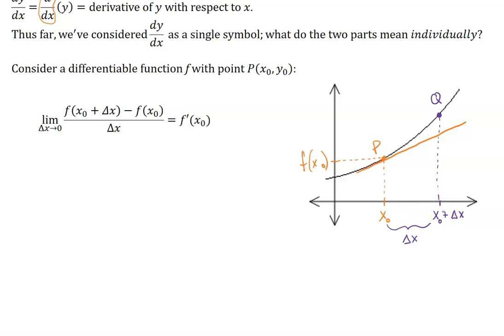Our goal with linear approximations, or using differentials to approximate, is that we are going to look at how we can estimate the height of point Q using the height at point P and the tangent line. Let's add a couple of things here. We know that the slope of the tangent line comes from the slope of a secant line, and we know that the slope of the secant line has to have 2 points.